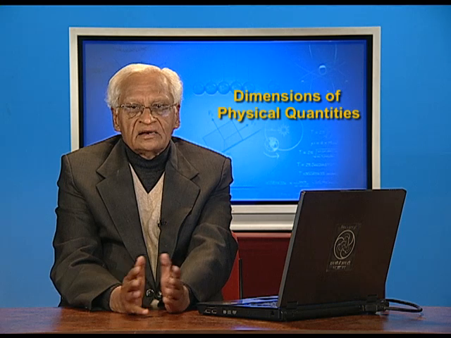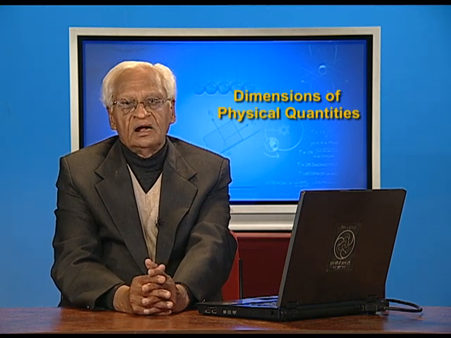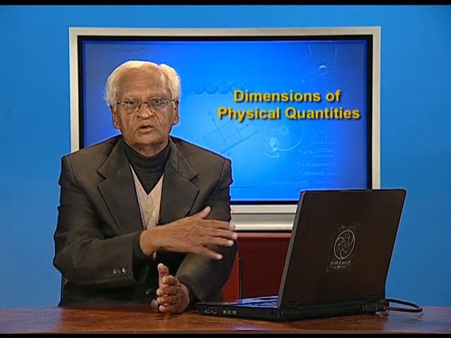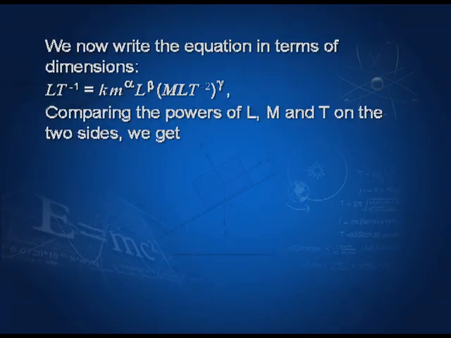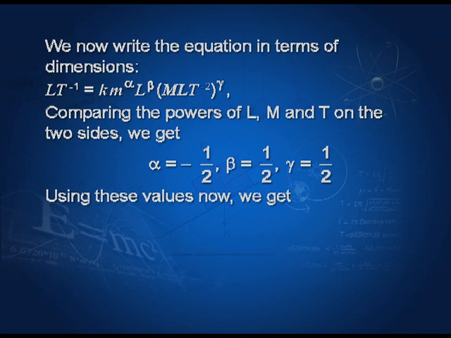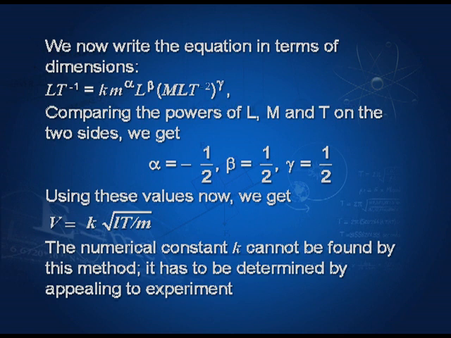So, we collect these indices alpha, beta, gamma and compare the powers on the two sides of the equation, and we get easily alpha equal to minus half, beta equal to half, and gamma equal to half. Once we know that, we can write velocity equal to k times the square root of L T by m. Now, k is a constant and we cannot find out its value. This must come from some experiment.